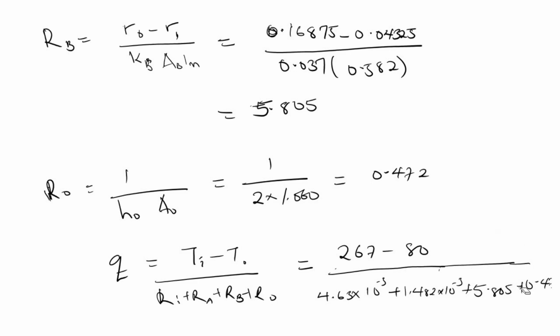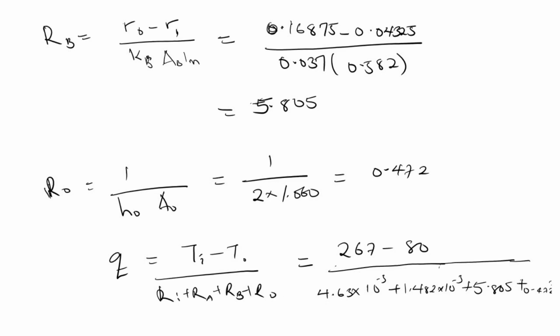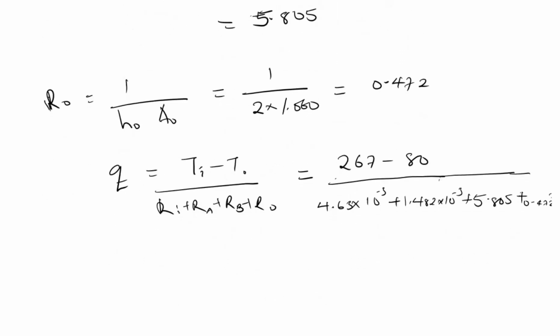So this one, the above, is going to give me 187. If you sum all together, this below one is going to give you 6.284.